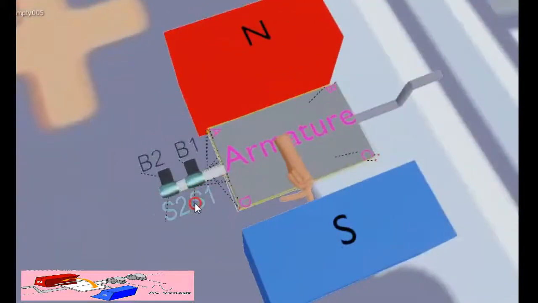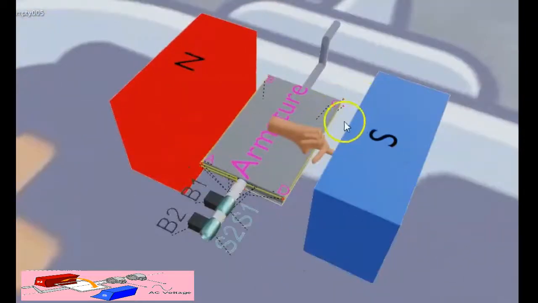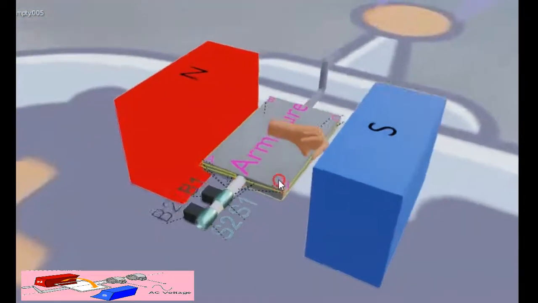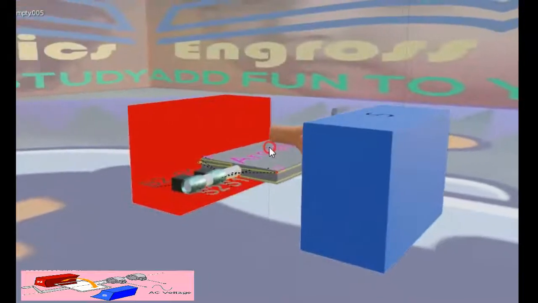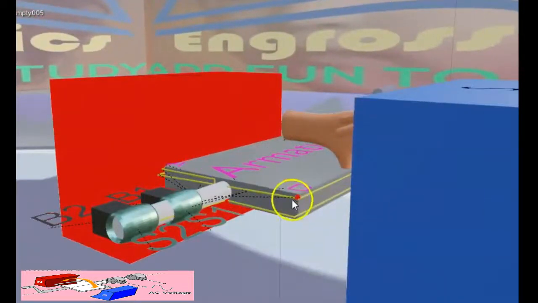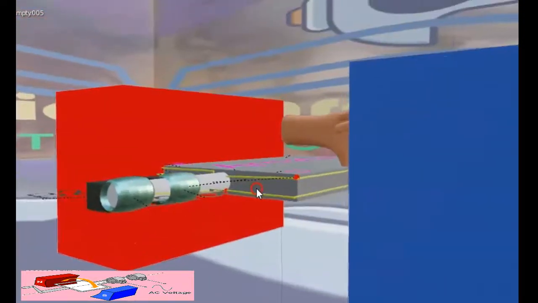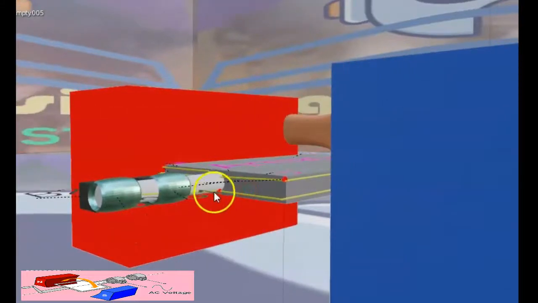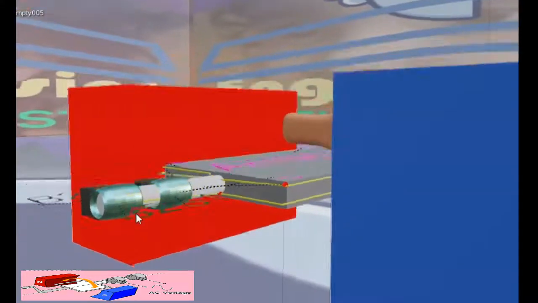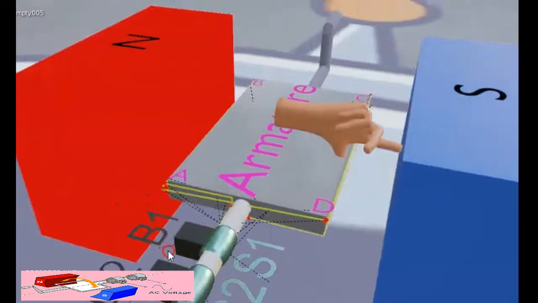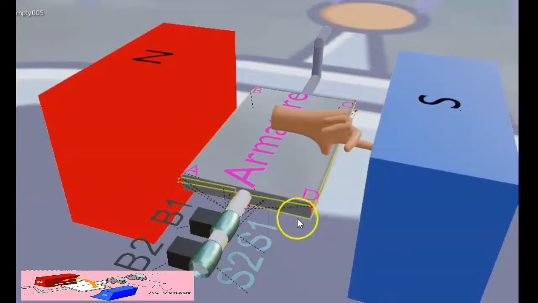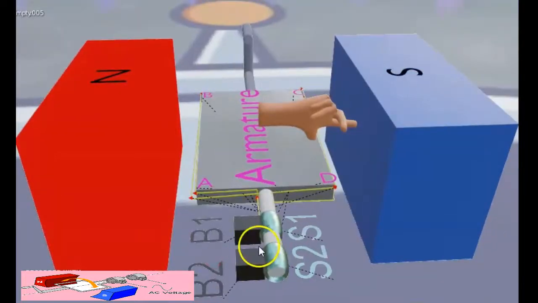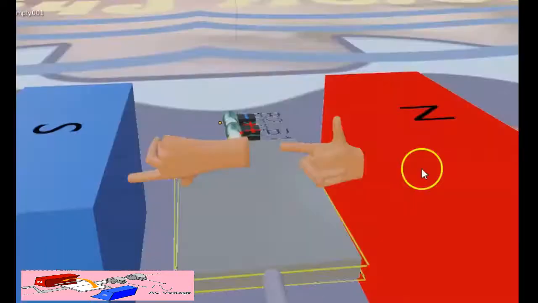Then this middle finger is pointing from C to D. What does it mean? That the direction of current is from C to D, and then you can see that CD wire is connected to this slip ring S2, and finally that positive charge will get accumulated over brush B2.